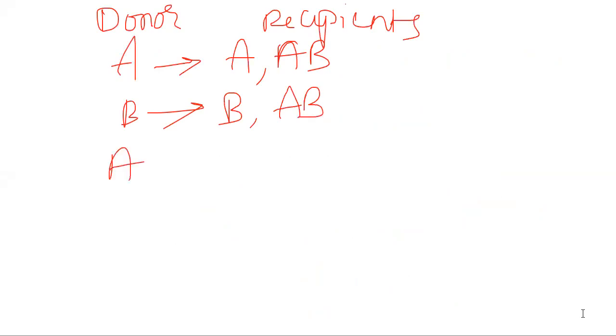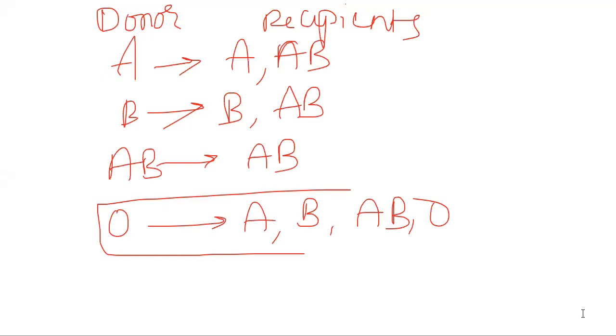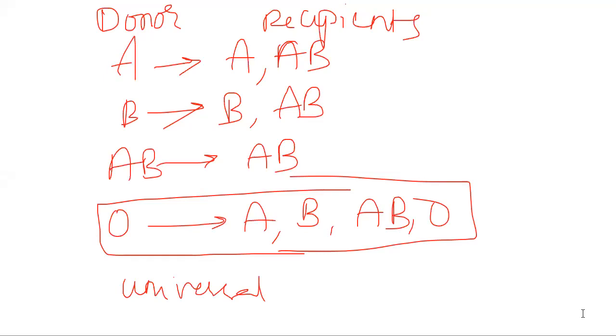AB as a donor can give only to their respective blood group, not to anyone else. O as a donor, being lacking in the antigens, the sugar polymers A and B, can give to all: A, B, AB, O. So in that way, O can be termed a universal donor.